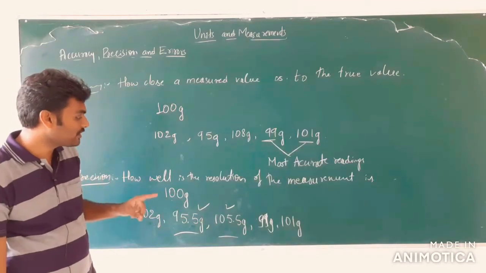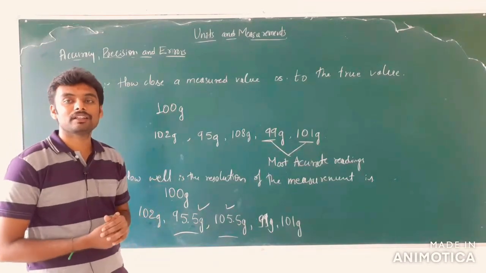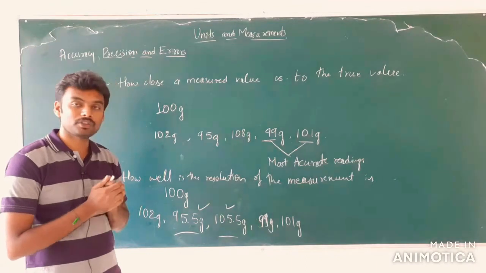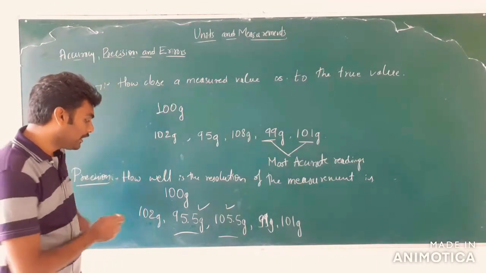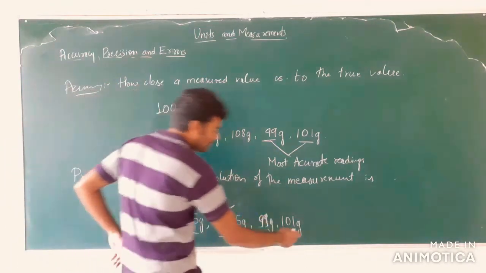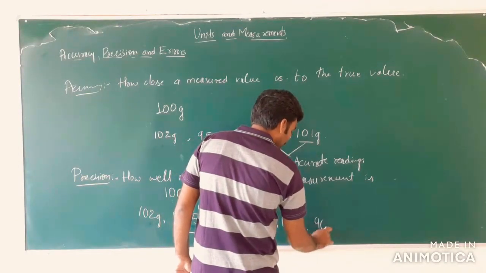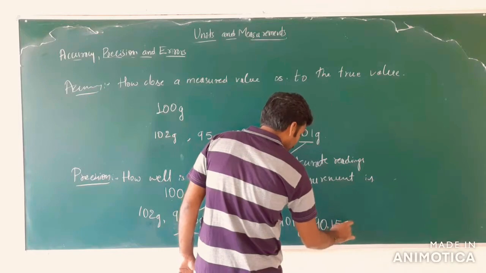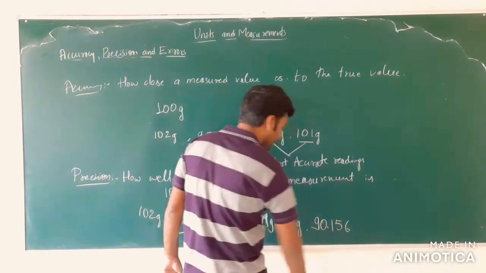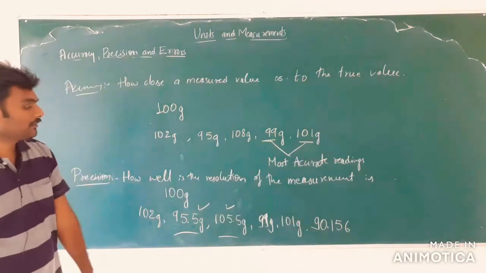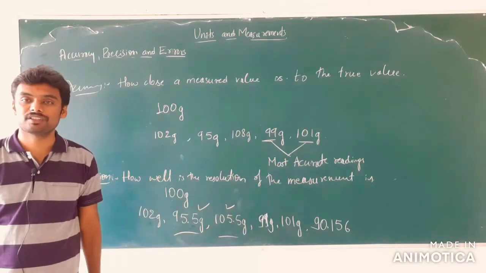So precision is about how good the resolution of the measurement is. Now if I have one more reading, say using an electronic scale, I get the reading 90.156.